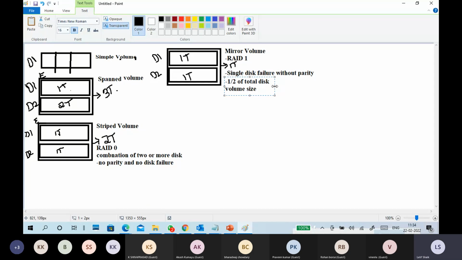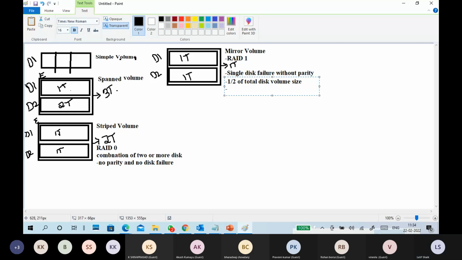It means if I take 2 terabyte and 2 terabyte, I get 2 terabyte only. With 4 terabyte and 4 terabyte, I get 4 terabyte only, because 4 plus 4 is 8, but I'm getting 4 only. That means I'm getting half of the total volume only.